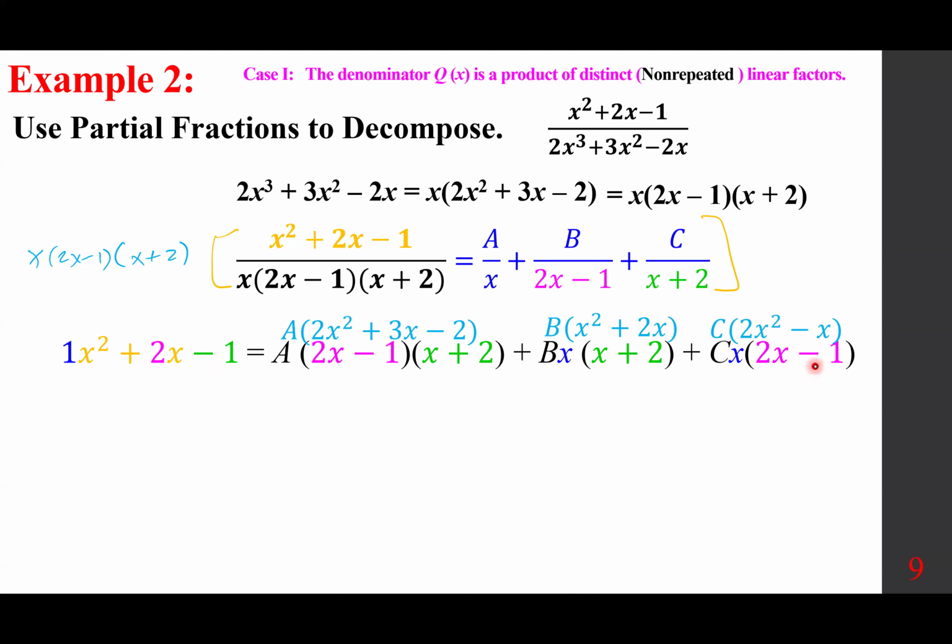And now we're going to collect everything involving x squared. I just want you to concentrate on x squared. So x squared, we have a times 2x squared, b times x squared, c times 2x squared, which means x squared times 2a plus b plus 2c. What about x?